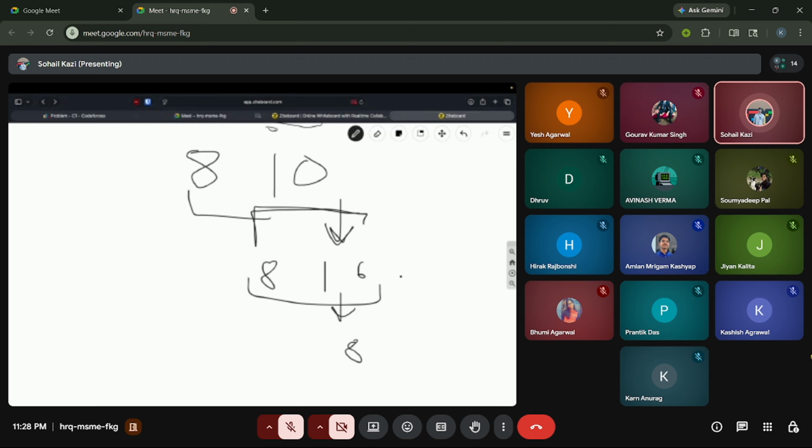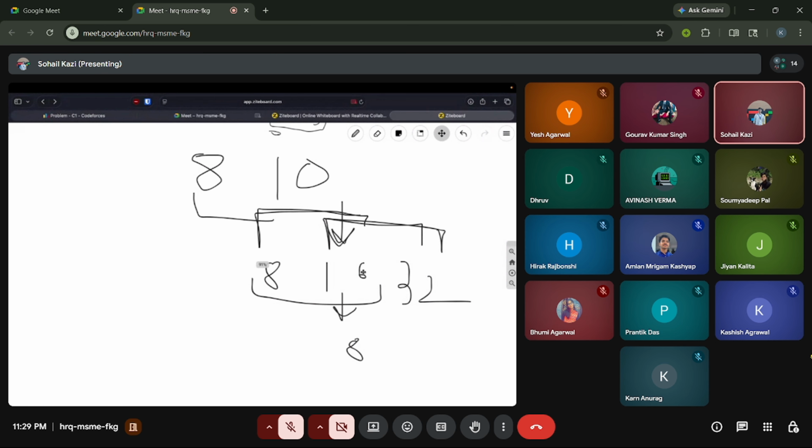Suppose we have another element in the future as well, 32. Again, we check the GCD of these two elements. The GCD of 16 and 32 would be, I think, 16 itself. So the GCD of these two elements is 16.